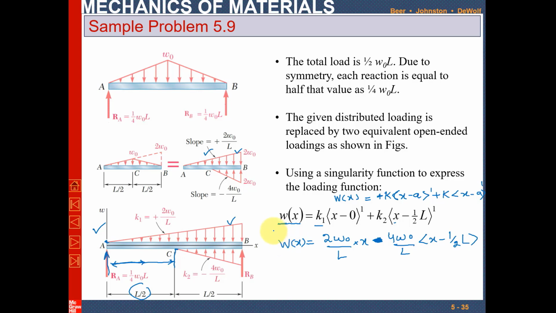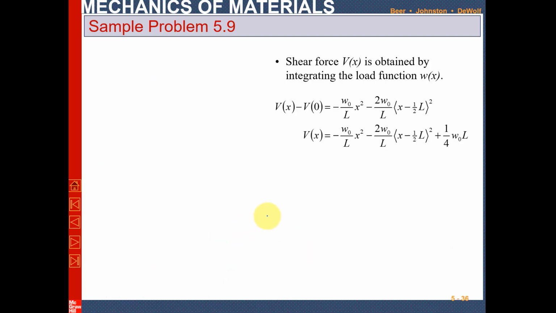Then, this is further simplified. So that is 2w0 over L into x, and that is minus w0 over L into x minus L. This is the loading equation for the given beam.